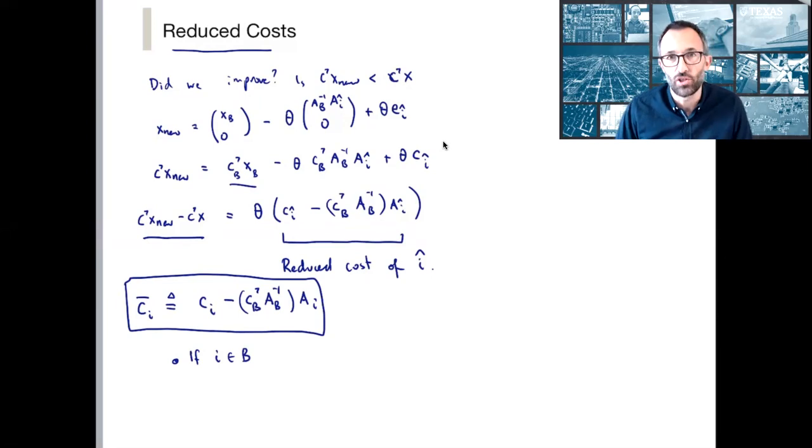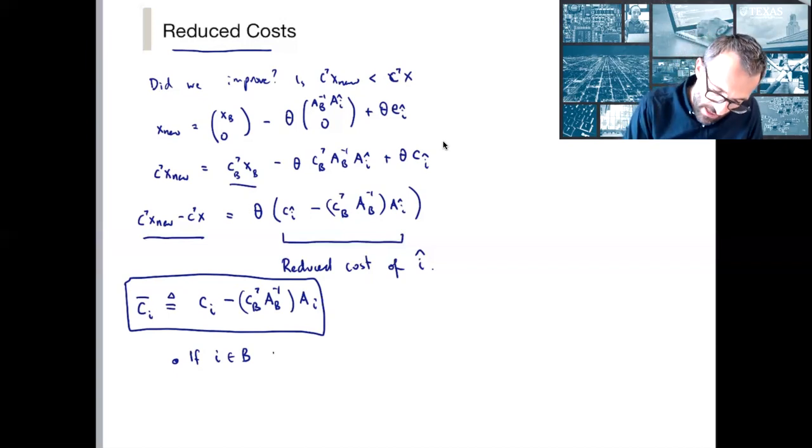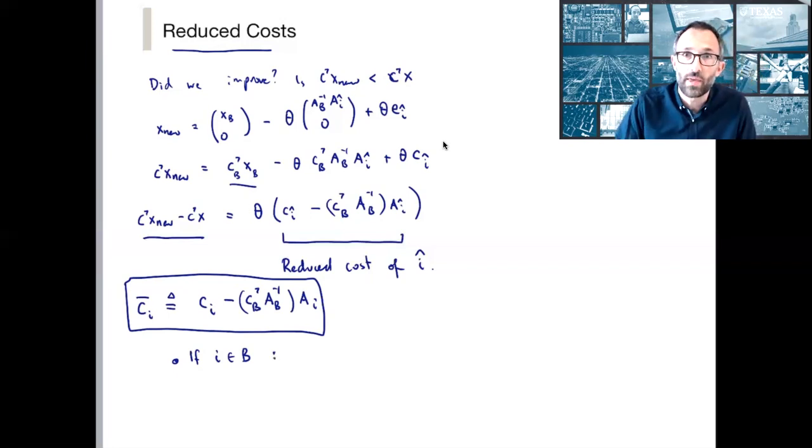We can just look at this equation, and you'll see that AB inverse times A i, if i is an element of B, is just going to be the i-th standard basis vector, which means it's just going to pick out c i. So the reduced cost is 0. If i is in B, check for yourselves, do the calculation to make sure that you agree that the algebra bears this out. c i bar is equal to 0.